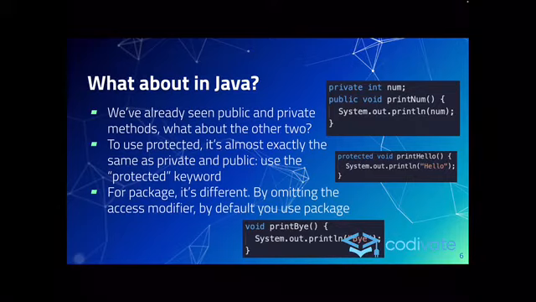If you use the protected keyword, then you would just write protected void printHello, for example, similar to how you would normally write public void printHello or private void printHello. If you want to use package visibility, then you have to completely omit the modifier. So you can see in the final example, void printBye is only visible in the package where you write the class.